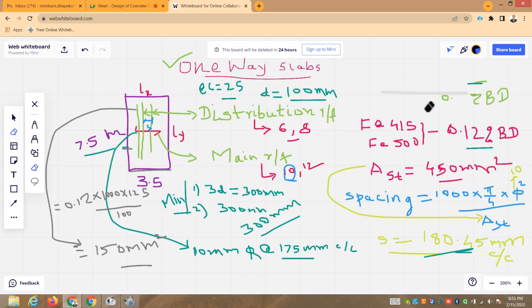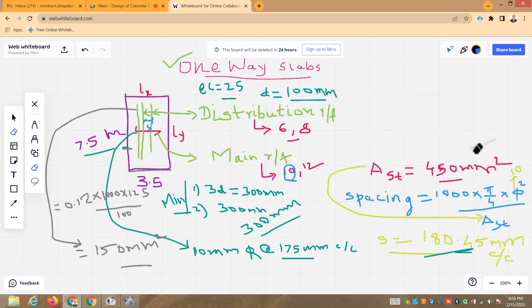Now what are the criteria to design your distribution steel reinforcement? So first of all, you decide now the diameter of the bar. Suppose you have decided that you are going to provide 8 mm dia bars as a distribution reinforcement. Now you try to calculate the spacing for the distribution reinforcement.